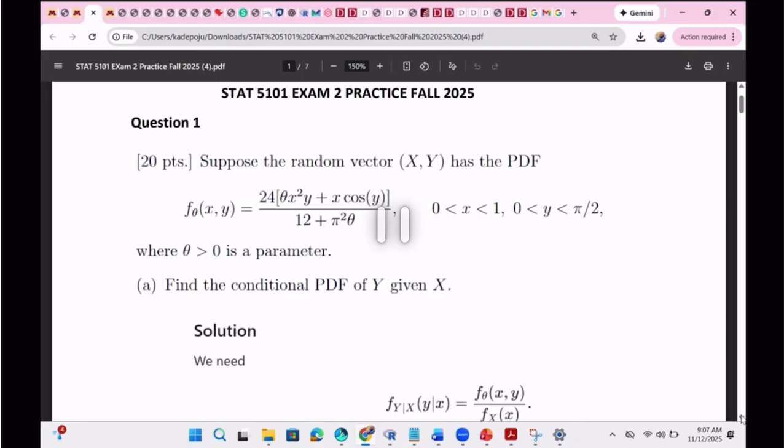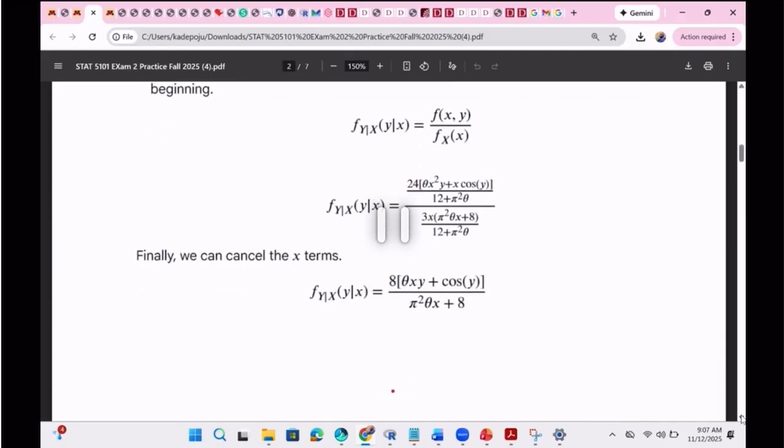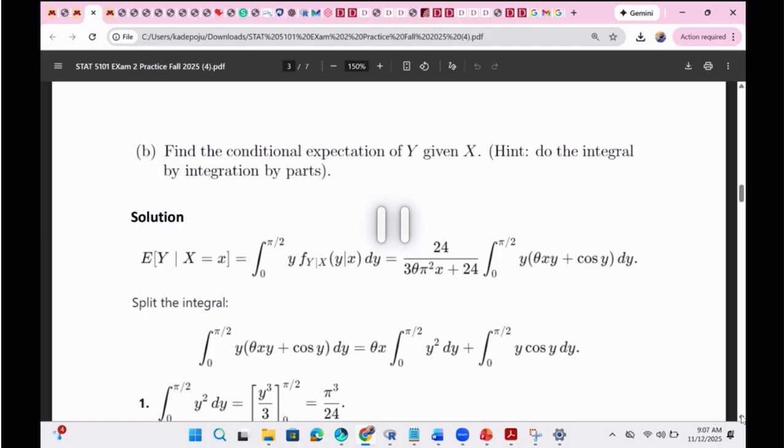I'm very sure the probability that a question like this is going to be asked is very close to 1. Not only that, I'm also going to ask you the conditional expectation. If your conditional function is wrong, of course, the conditional expectation is also going to be wrong.